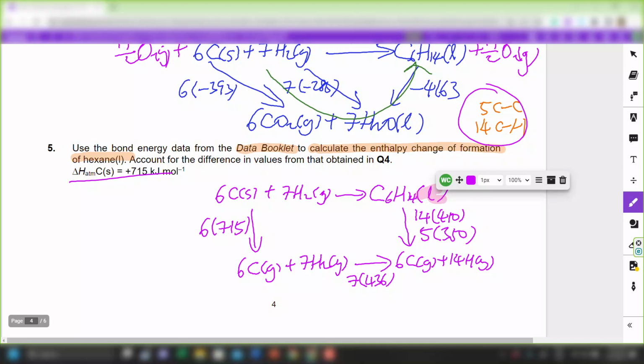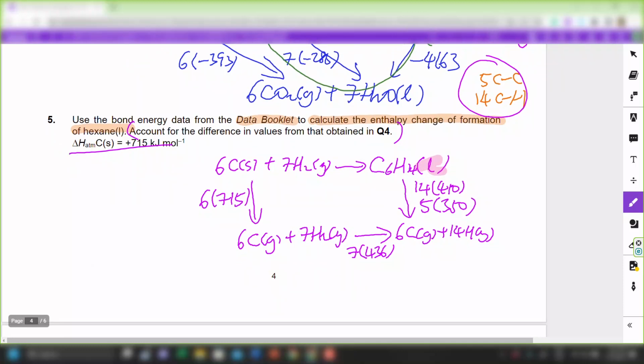The reason being the enthalpy change of vaporization data is not given to me. So it's just a proxy I'm using, that the enthalpy change of vaporization may not take on a very large value. But of course, eventually they did ask us to account for the difference in the values, so you can use that as part of your argument. The enthalpy change of vaporization is not taken into consideration in this particular computation.